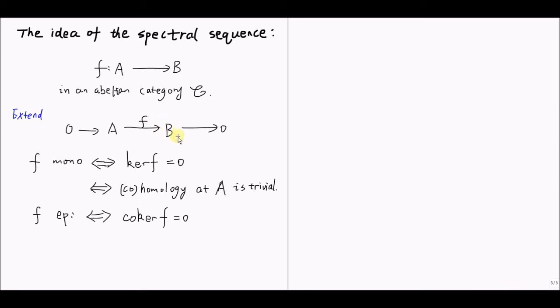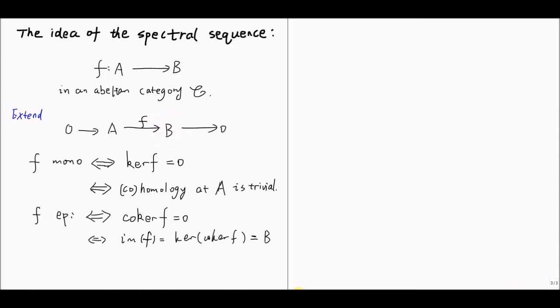If you look at the homology or cohomology at B, noticing that the co-kernel of f equal to 0 is equivalent to saying that the image of f, which is defined to be the kernel of the co-kernel of f in abelian categories, is equal to B. And this is further equivalent to saying that the homology or cohomology at B is trivial.